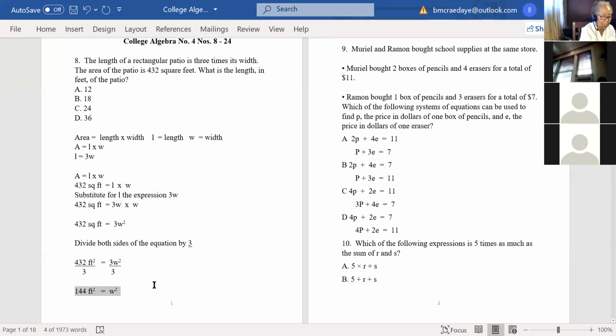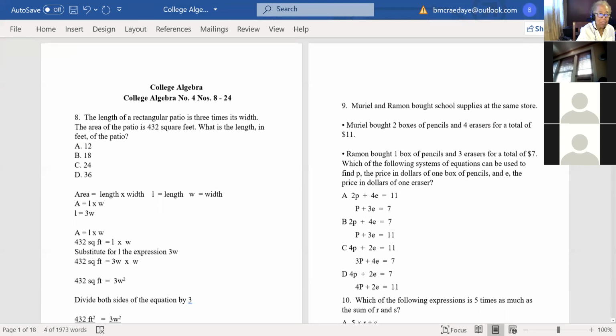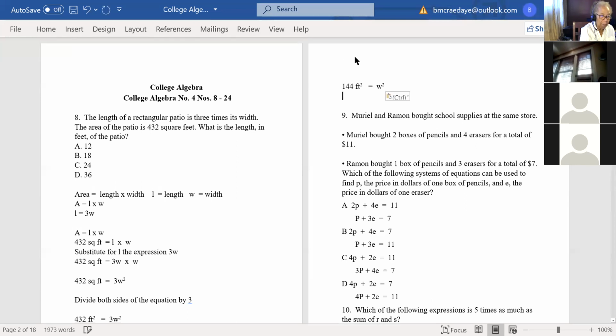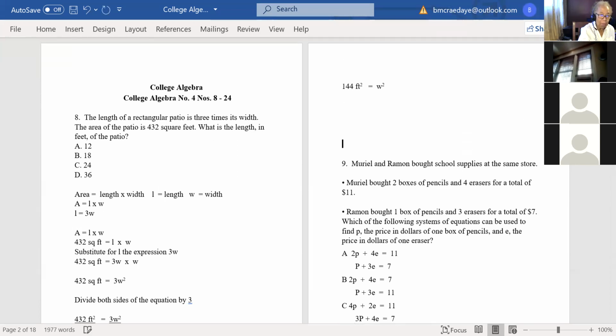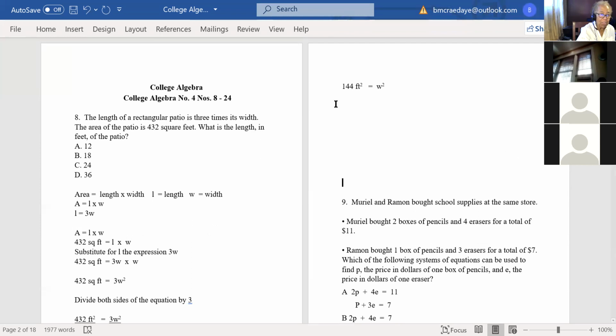Like you say, take the square root of both sides. Your operation is to take the square root of both sides of the equation, and the square root of 144 is 12.